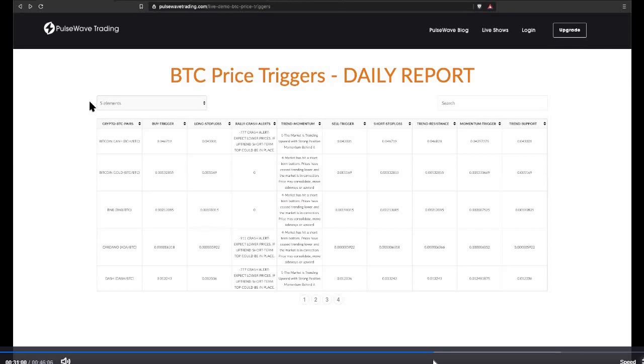Somewhere in our archives of all of our educational material, we did a series on the stop runner, aka the momentum trigger. The momentum trigger is your intraday price inflection point, along with the price triggers themselves. So what this means is, before the markets even open, we have our reports that you're looking at on the screen right now.